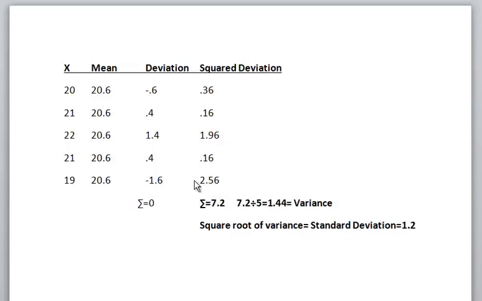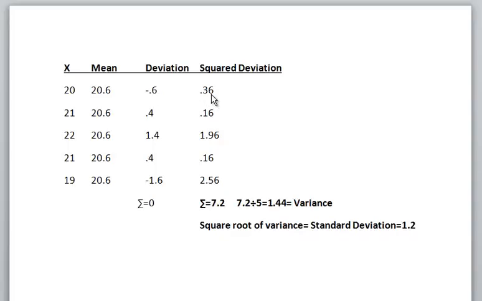We can now take the average of these squared deviations. So when I add all of these up, I end up with a sum of 7.2. That is 7.2 squared years, okay? Because the scores were in years, the average was in years, the deviation was in years, but now we have squared those numbers.